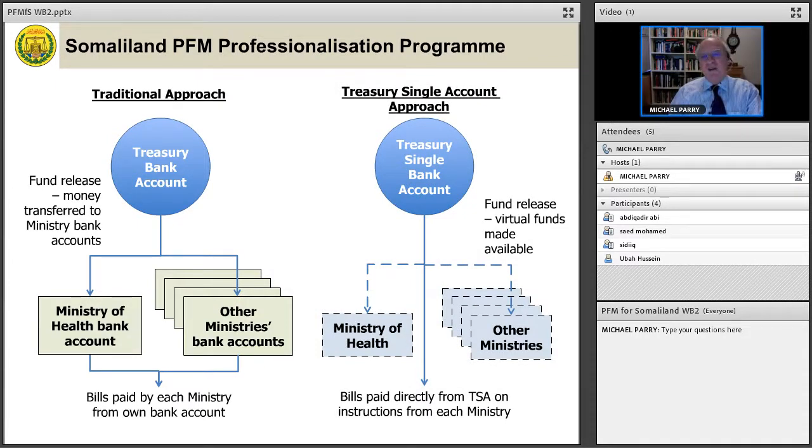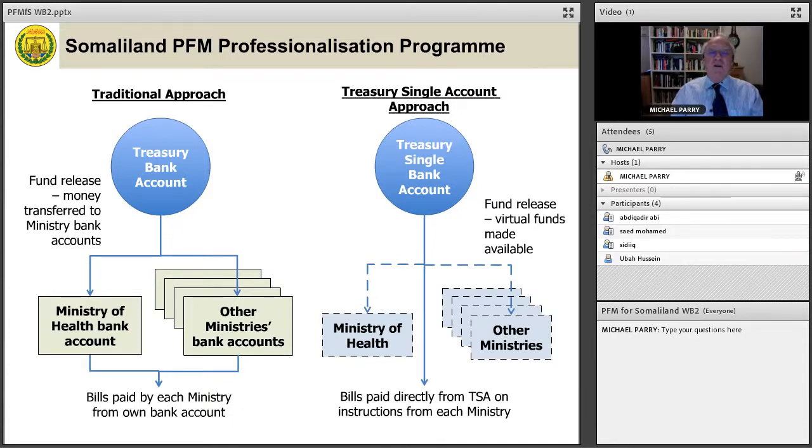The Treasury single account approach relies on much better modern accounting, particularly automated accounting systems such as the Somaliland financial management system that is being introduced, which enables you to get away from having separate bank accounts for each ministry and to keep a single Treasury bank account.